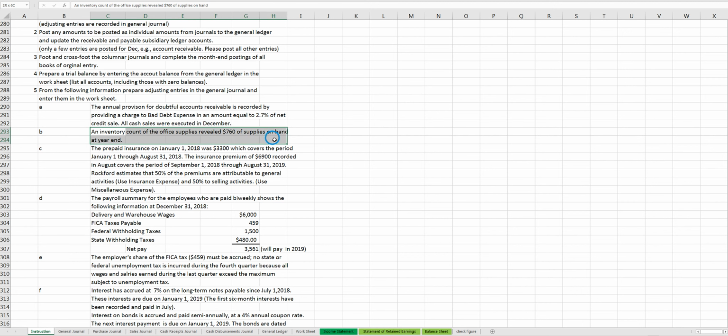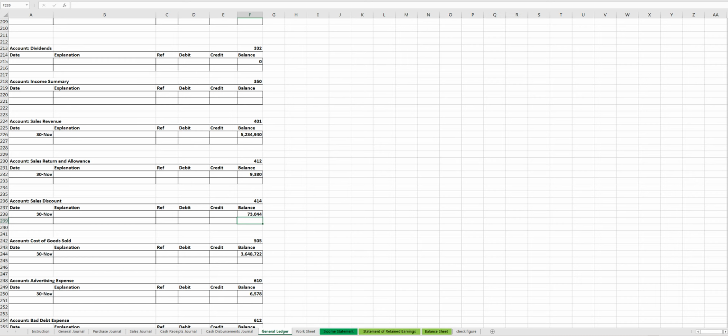And part B, we have the inventory count, and we have 760 of supplies on hand. So we need adjusting entries to record our supply expense. Basically we need the general ledger again.